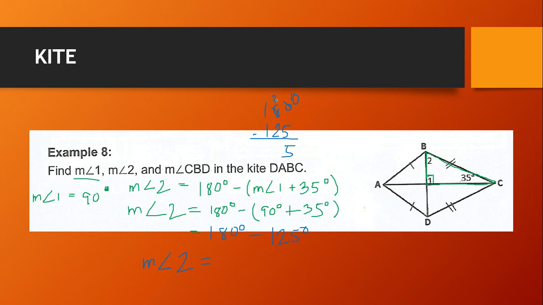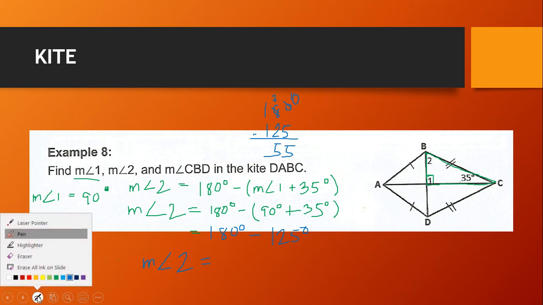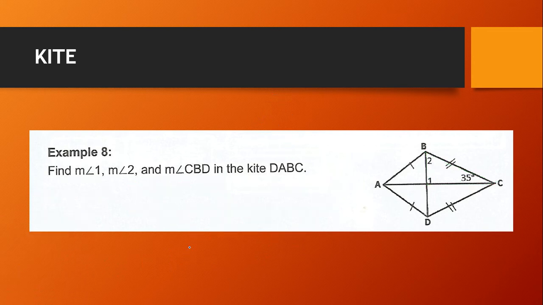So 7 minus 2, that's 5. Then 5 minus 5, that's 0. So therefore, angle 2 equals, let me erase, 55 degrees. Okay? So therefore, the measurement of angle 2 is 55 degrees.